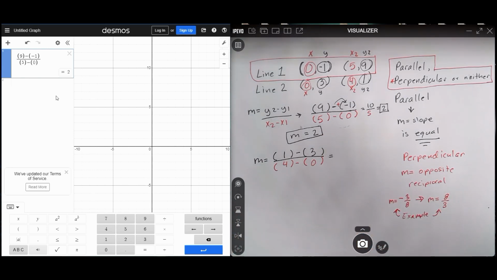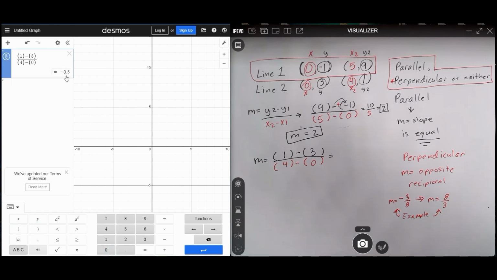So I'm going to just throw this in my calculator, and we'll see what we end up with. All right, and hit my division symbol, put my parentheses, and we have 1 minus, actually 1 parenthesis, minus 3. And that's going to be over 4 minus 0.